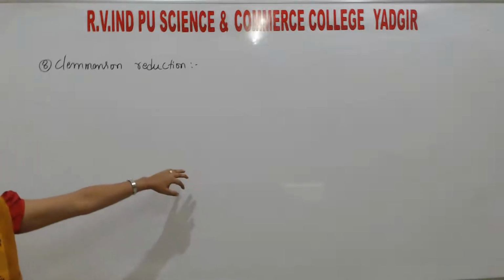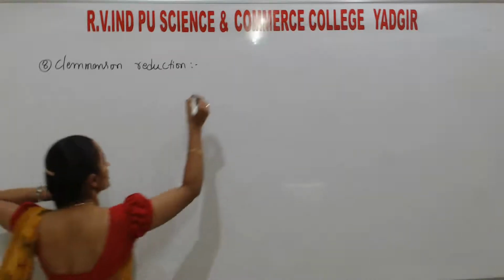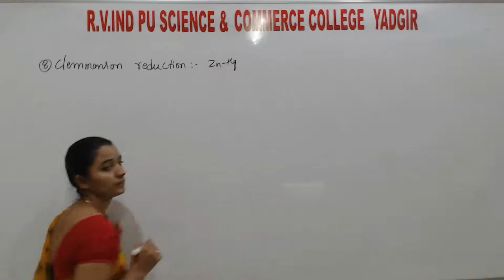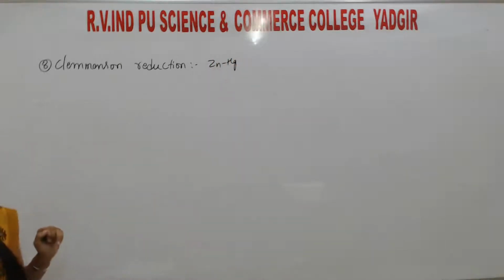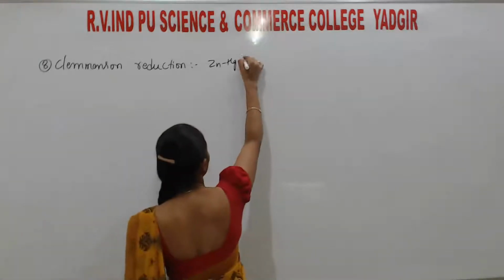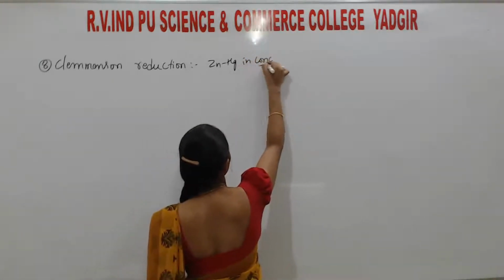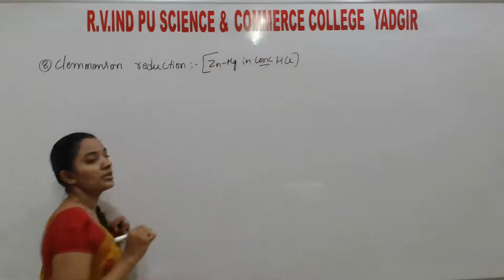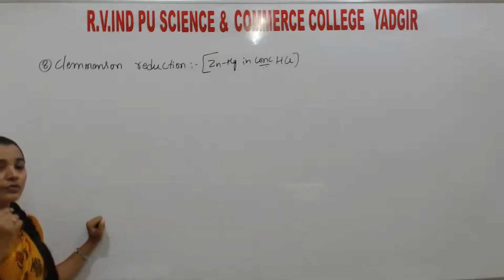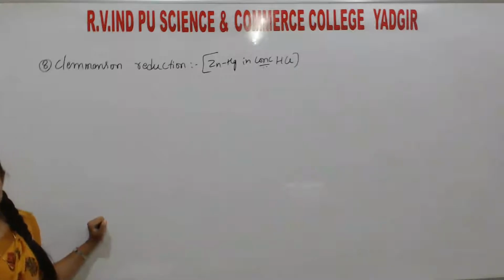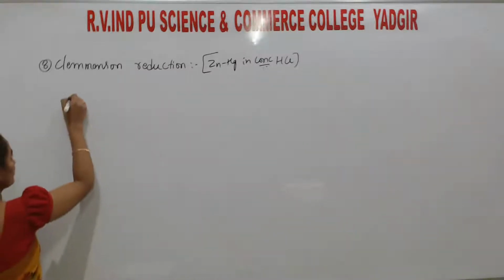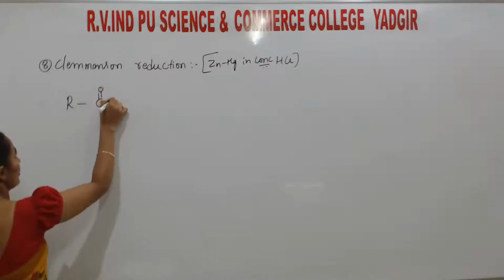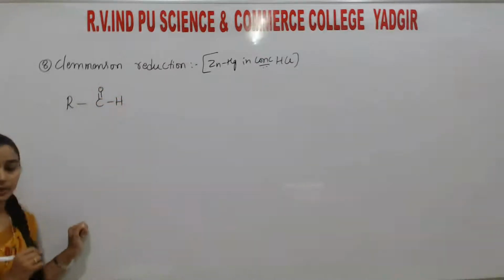But in Clemmensen reduction, the reagent used is zinc amalgam in concentrated HCl. This is the Clemmensen reagent, and we can take aldehydes or ketones, both. So I take R, C double bond O, H.